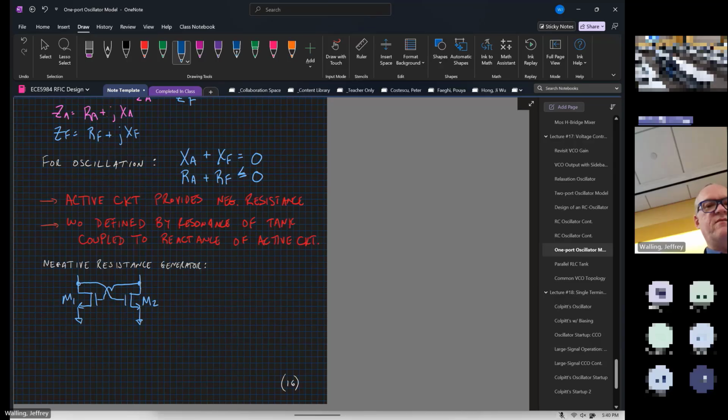We can make a simple model for this circuit. We have a voltage dependent current source that's equal to Gm times V1. One that is equal to Gm times V2.